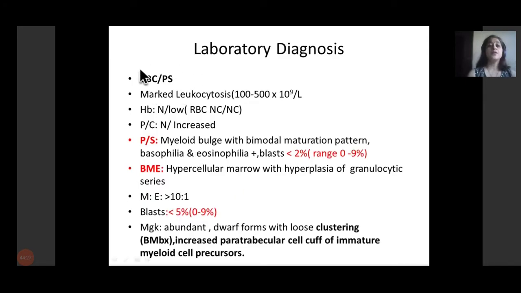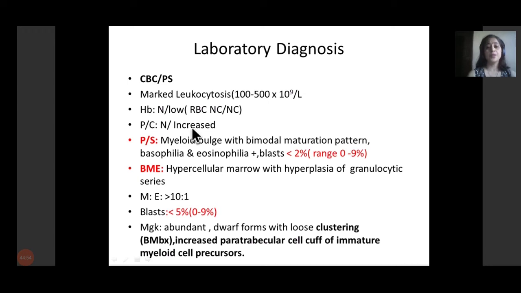With this, as I told you, in any hemato-oncology, the first and foremost is the CBC and the peripheral smear. We see marked leukocytosis with a count of 100 to 500,000 per microliter, or 100 to 500 x 10 to the power 9 per liter. That is almost up to 5 lakhs, with hyperleukocytosis. Hemoglobin could be normal or low, and platelets could be normal or increased.